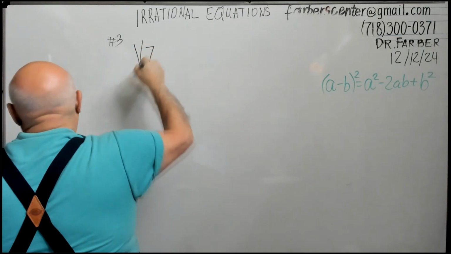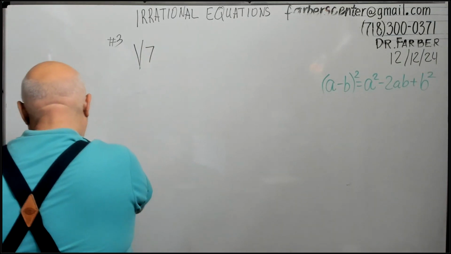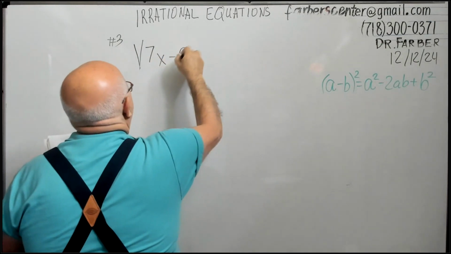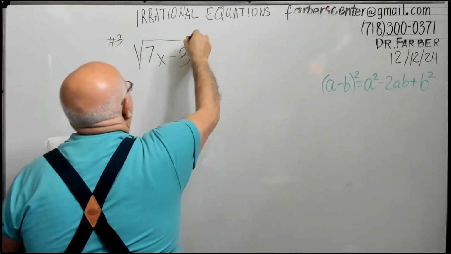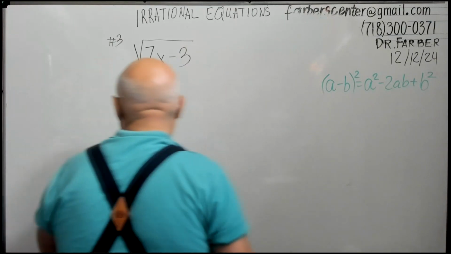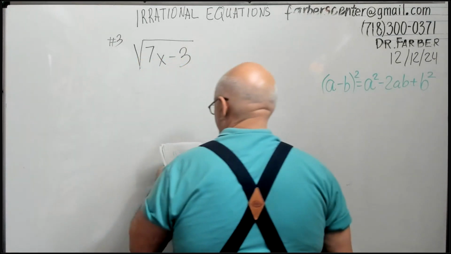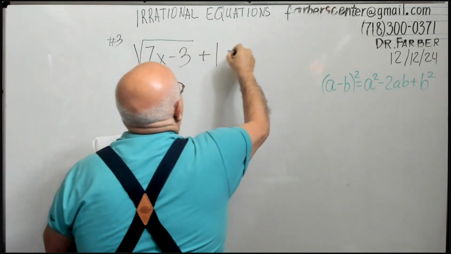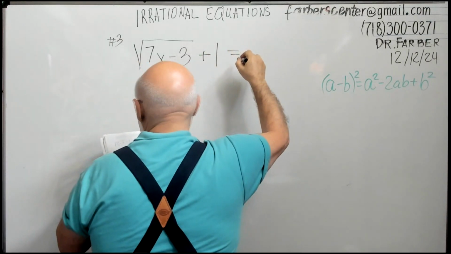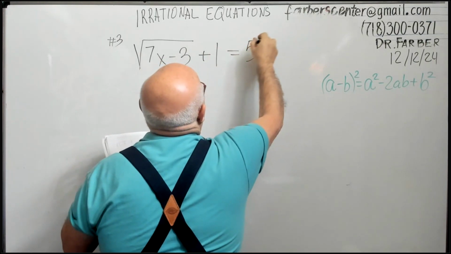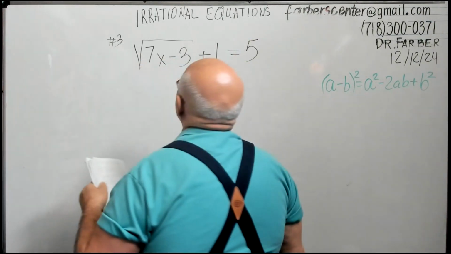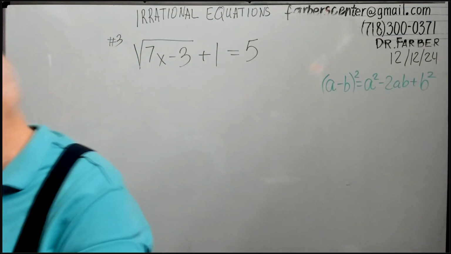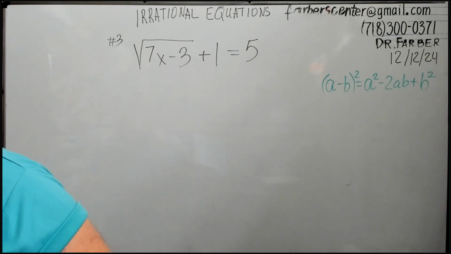Square root of 7x minus 3 plus 1 equals to 5. Find x. Yes, good luck. And solve and send me the result here, please.